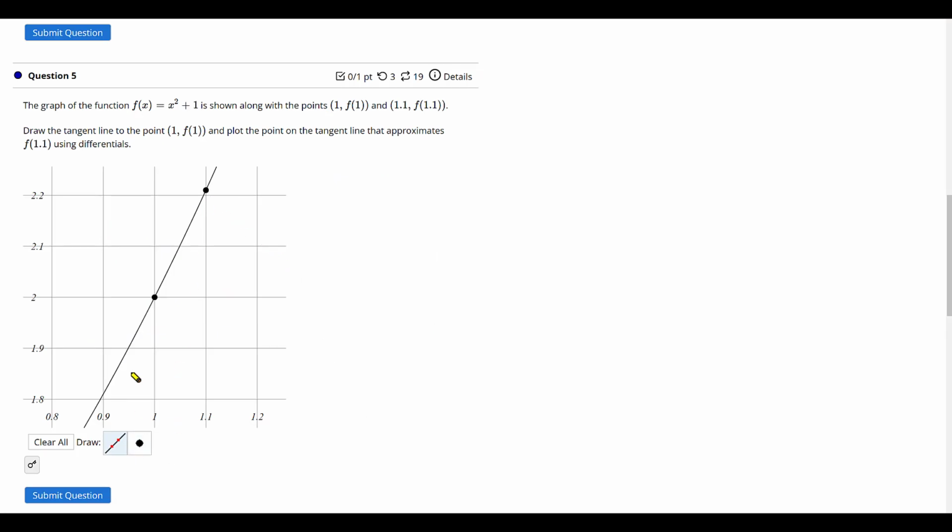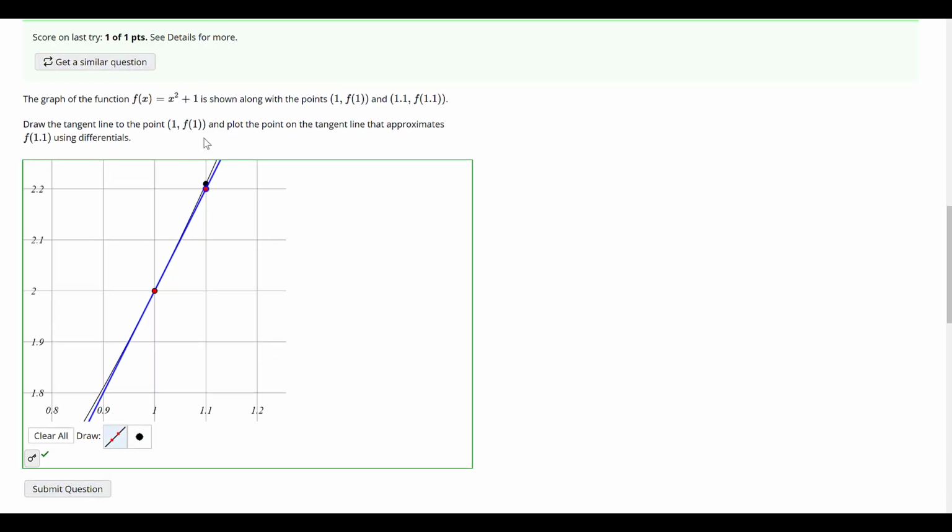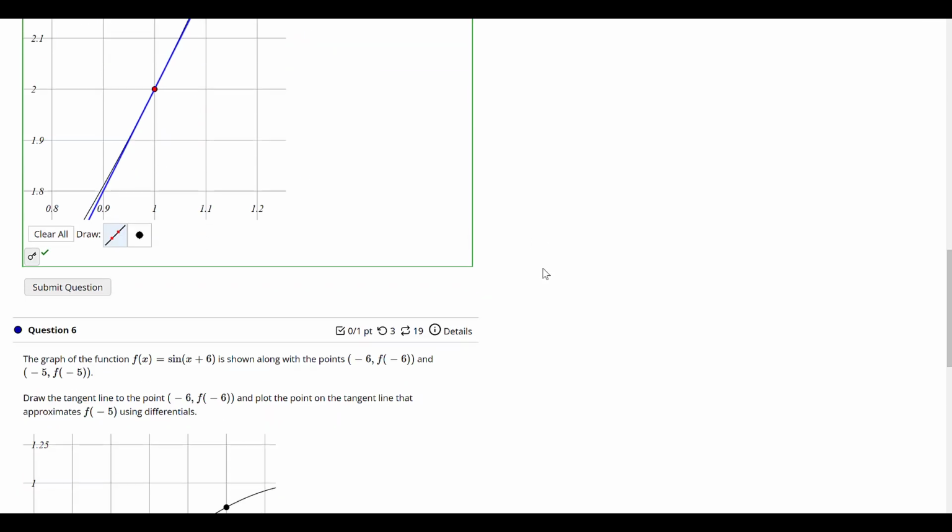The first thing it wants us to do is draw the line. Boom, here, and the other one's here. The second thing they want us to do is plot this point. Plot the point right there. Let's see if it's correct. Hey, I got it right. The key to it that I was getting wrong before was that I didn't plot that second point right there. Okay, let's go to the next one.